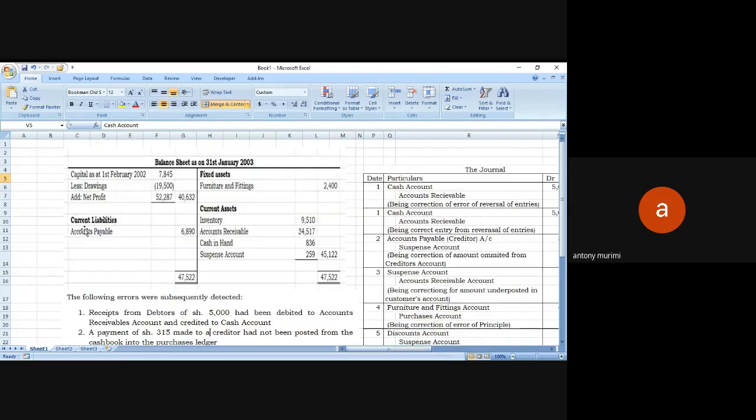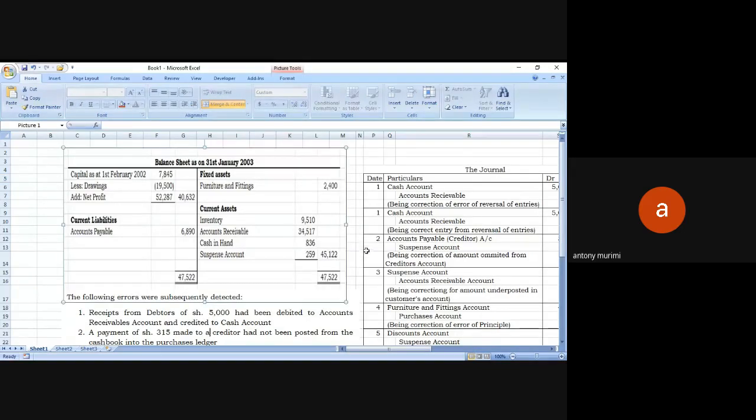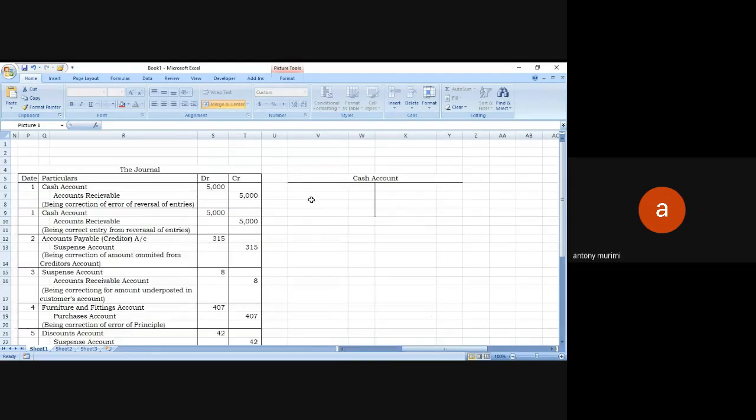So as given in our balance sheet, we have cash in hand being 836. So you need to correct for this. Cash account being 836. So this is a balance brought down. Cash should always have a debit balance. So balance brought down in the cash account. Balance brought down cash, which is 5,000 shillings. Another account is accounts receivable.